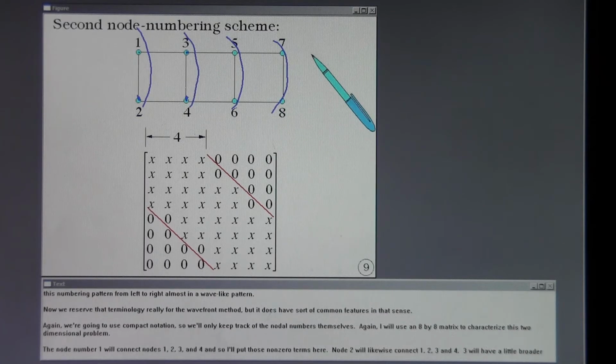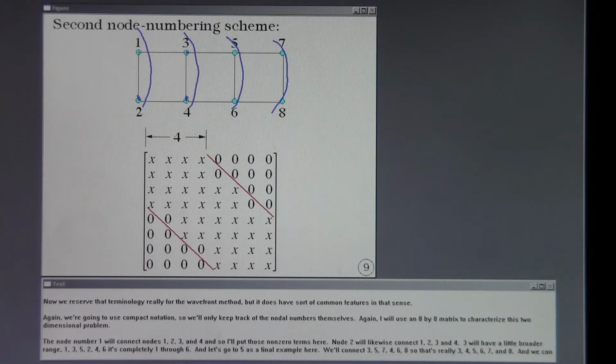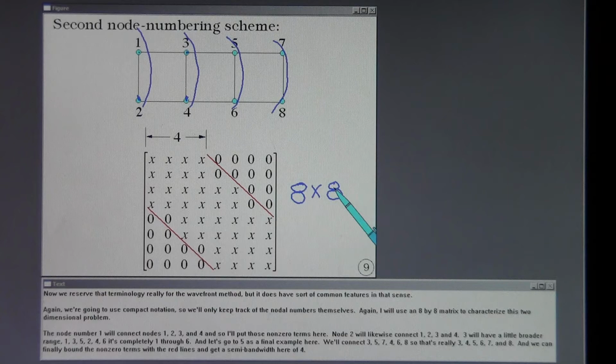Now we reserve that terminology really for the Wavefront method, but it does have sort of common features in that sense. Again, we're going to use compact notation, so we'll only keep track of the nodal numbers themselves. Again, I will use an 8x8 matrix to characterize this two-dimensional problem.